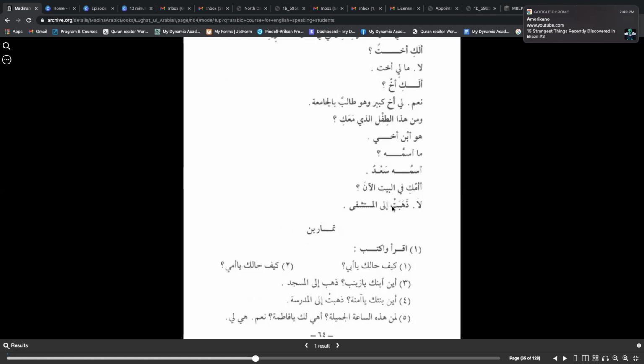When you're conjugating the past tense, see that dhahaba, if we scratch out this ta, just dhahaba means he went. To make it "she went," you just add a ta with a sukoon. Dhahabat. And for all three-letter verbs in the past tense, this is the same way you would do it. Like fa'ala, fa'alat, shariba, sharibat.